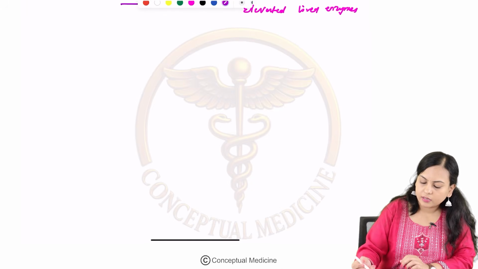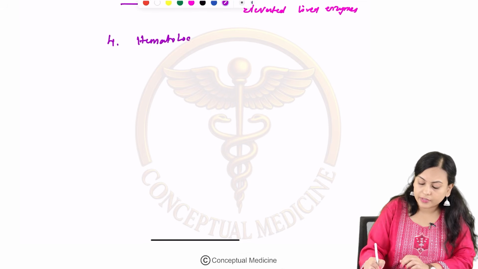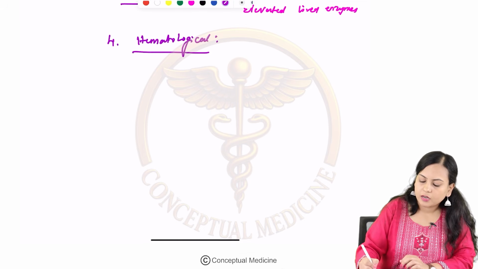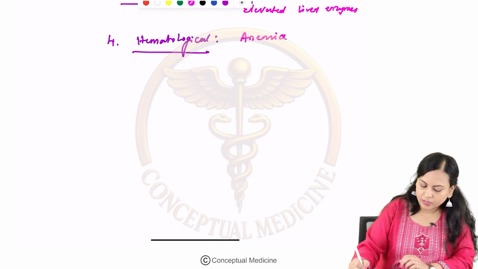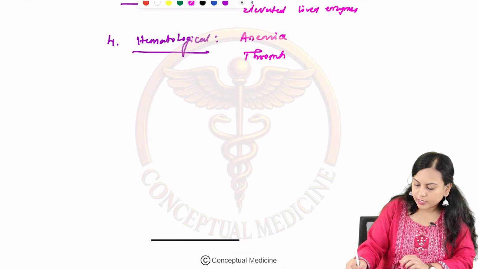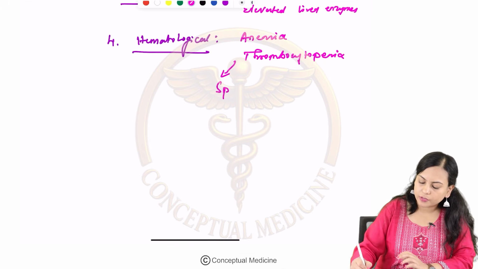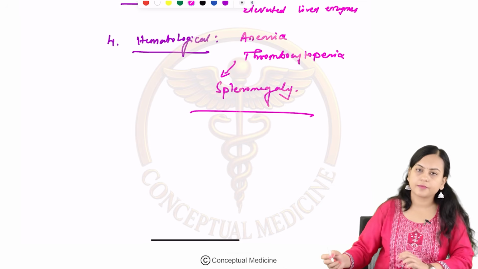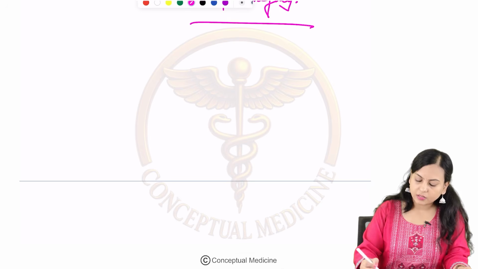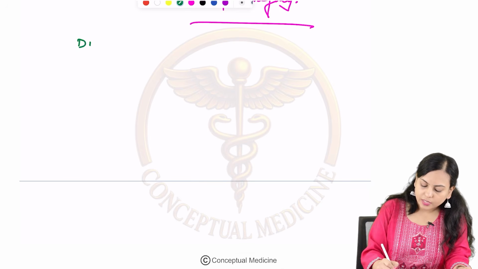And last but not the least, we have some hematological manifestations also, which will include anemia, thrombocytopenia, and this can also be associated with splenomegaly. Clear? Now we will see how the diagnosis is made.